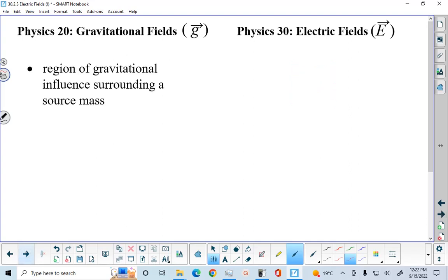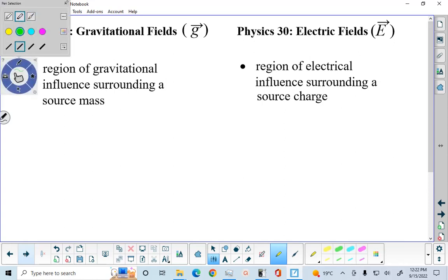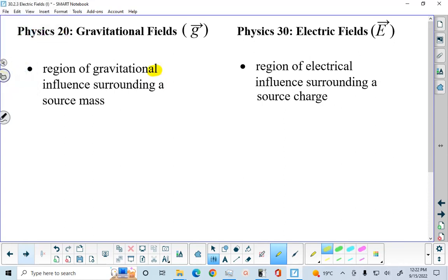What is a gravitational field? It's a region of gravitational influence surrounding a source mass. Now, whether your Physics 20 teacher explained it to you in those words or not, that's a fact. You need a source mass producing that gravitational field. Well, then an electric field must be a region of electrical influence surrounding a source charge. Again, not to put too fine a point on it, but gravity requires mass, whereas electricity requires charge.